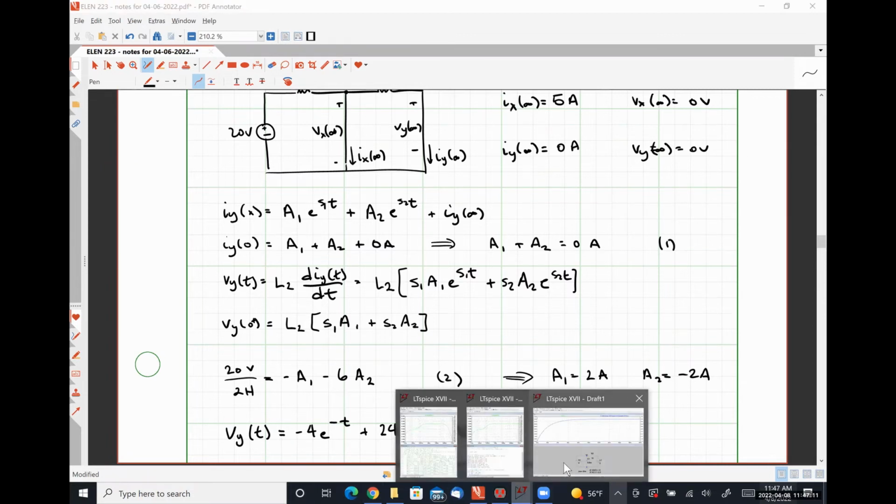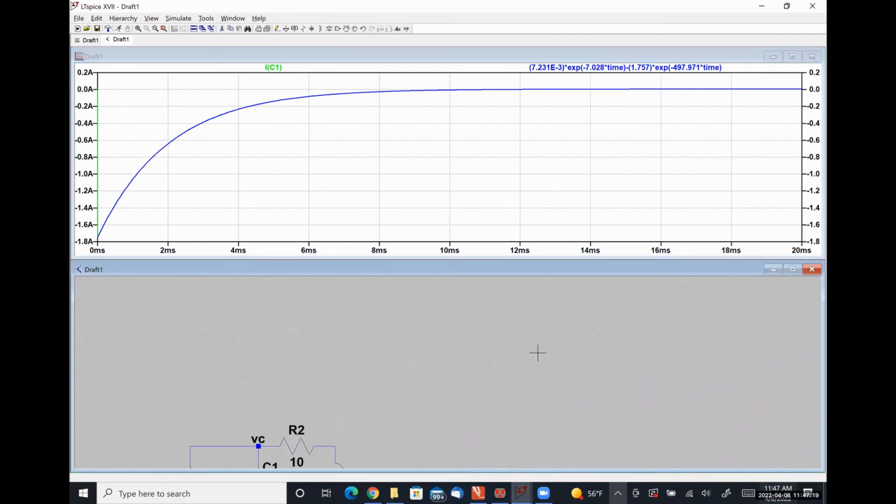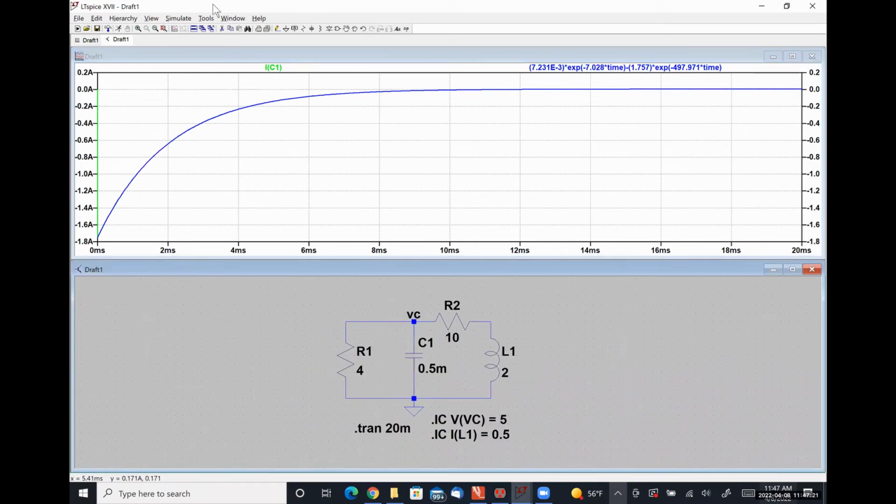Just for the sake of argument, let's simulate our circuit and make sure that we're correct. Keyboard out. Oh, this is going to be annoying.